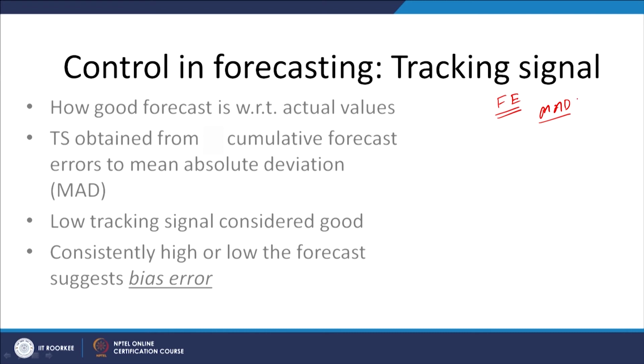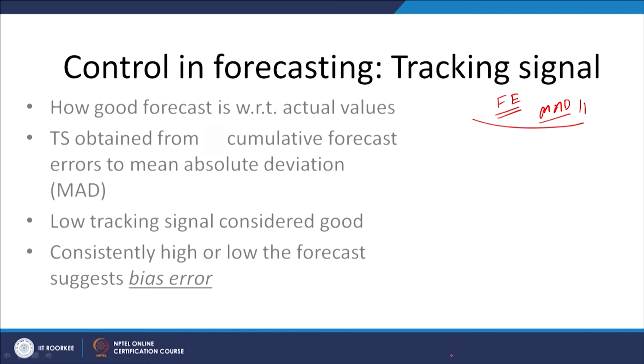Those can be used, but whether we should continue with the current forecasting method or change the approach, we need to have a proper control over this through the tracking signal determination.